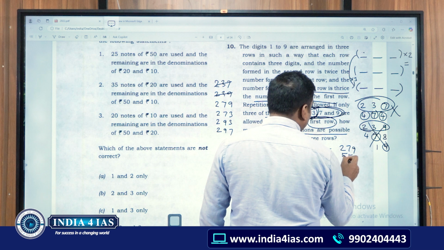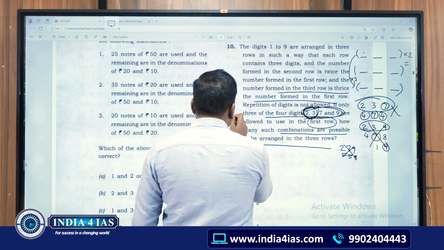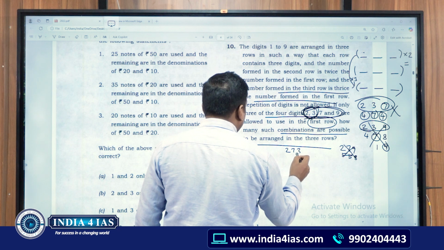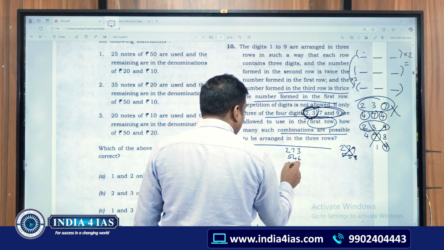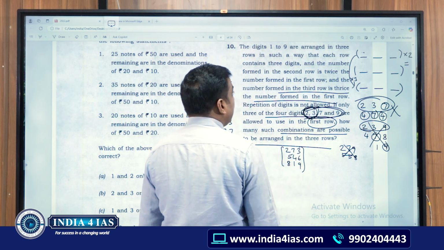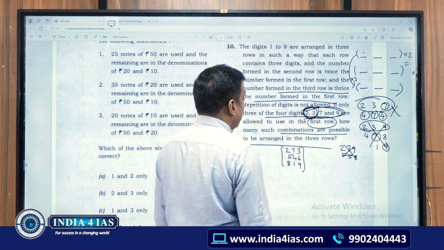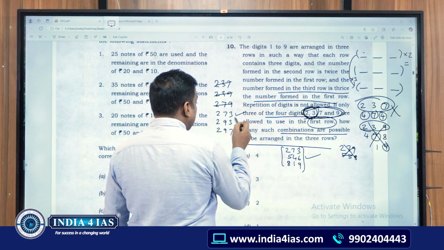Then 2 2s are 5, 5, 8. No, it doesn't suit. Next number is 273. 273, you make double, it will be 546. Yeah, holds good. Make triple, it will be 819. Yes, all these digits are different. So this is fine. Then this is correct.